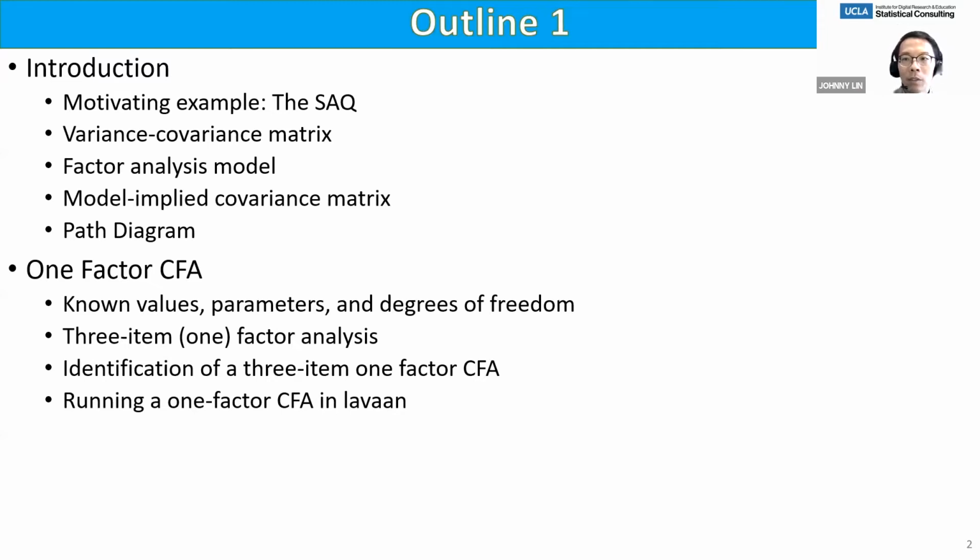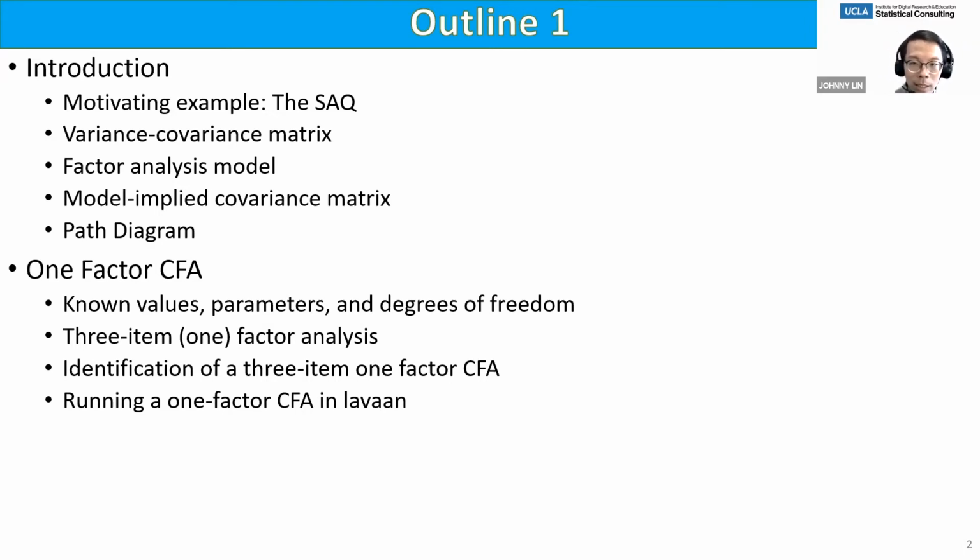If you've taken regression before, then this is going to be a bridge between regression and this. Then I'm going to talk about the model implied covariance matrix, which is how to recreate that variance covariance matrix using the factor analysis model.